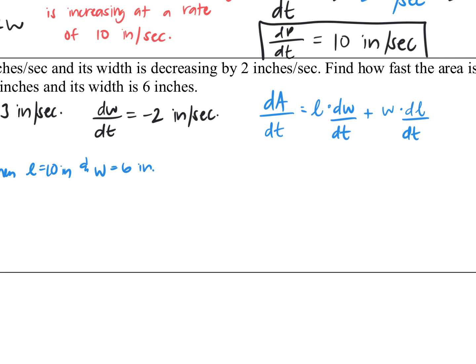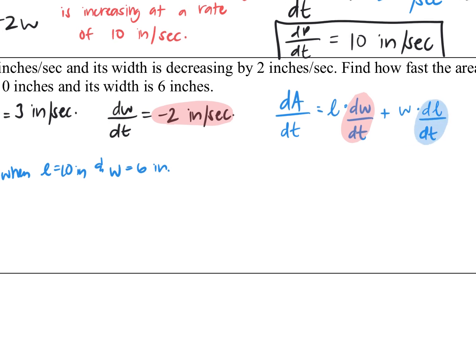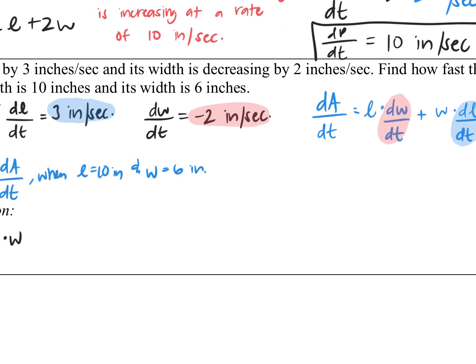Well, now, don't I know all this information? Yeah, so I can just plug all of this information in, right? So my dW/dt is going to be negative 2. Your dL/dt is that positive 3. And then I've got 10 and 6 for my length and my width.